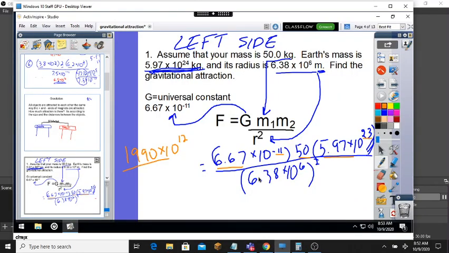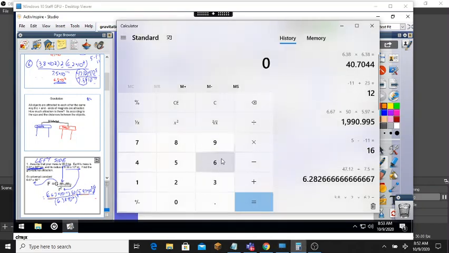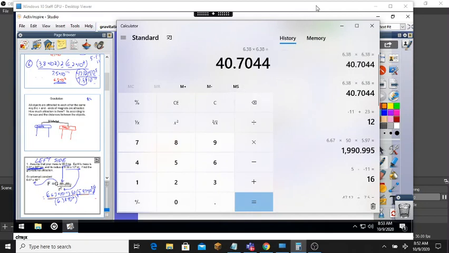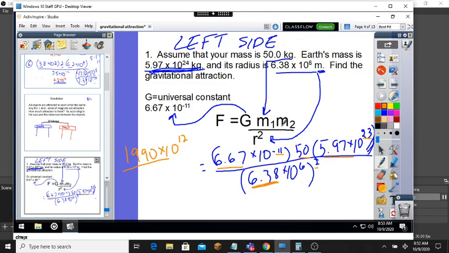Okay, so now this bottom part, we're going to square it. 6.38 times 6.38 gets me 40.7. Now the exponents, this 6 and this 2.